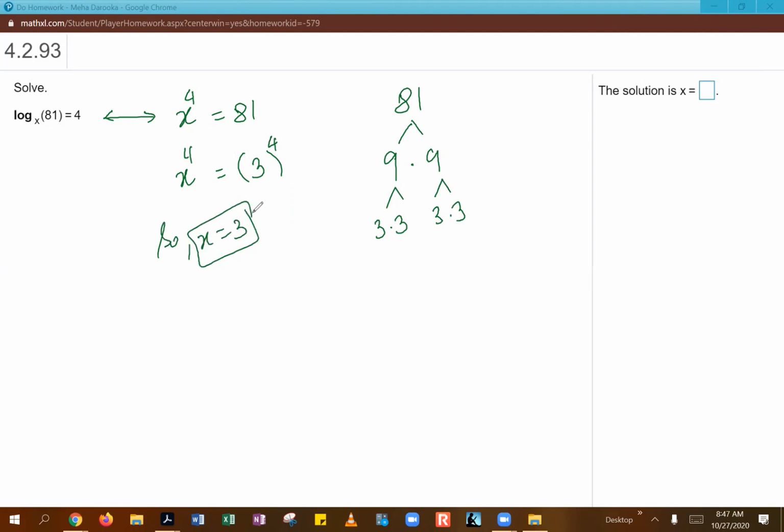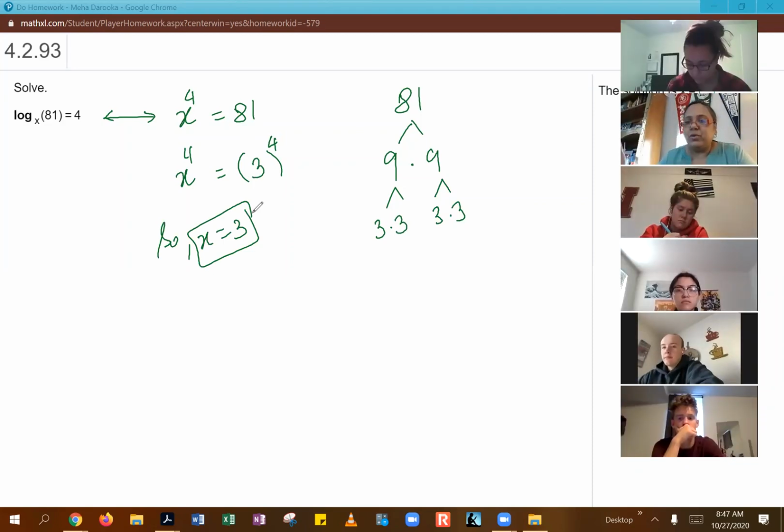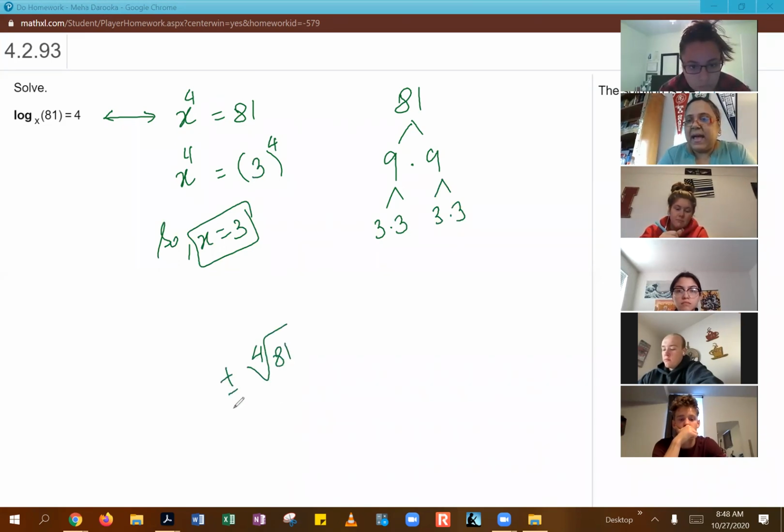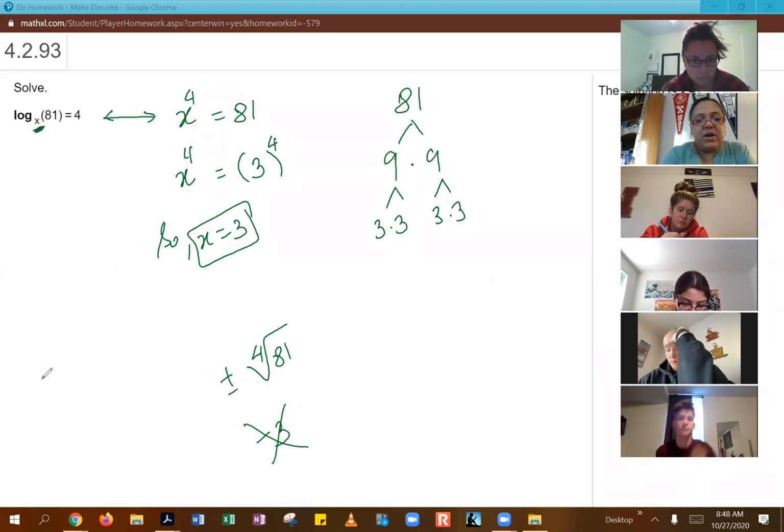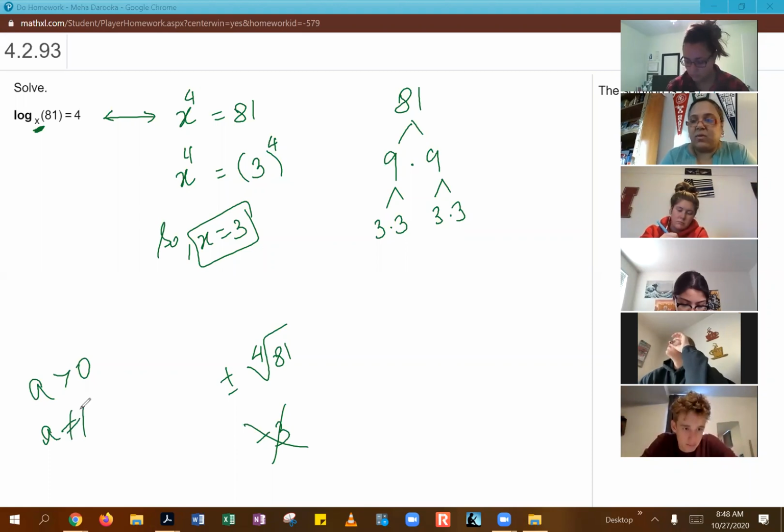Of course, you can use the idea of taking a 4th root on 81 to come up with x equals 3 also. The only thing we have to be careful about is when you take the 4th root of 81, technically you get a positive and a negative answer, but in this case we cannot use -3, because x is the base, and the base has to be a positive number, and the base cannot equal 1.